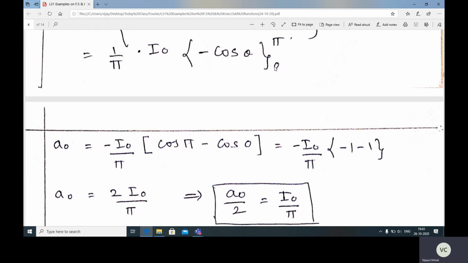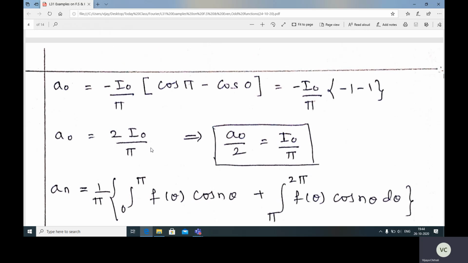Cos pi is minus 1, and cos 0 is 1. So minus I naught divided by pi times minus 2, and this minus 2 and this minus will be plus. So we get 2 I naught divided by pi. This is our a naught, but we need a naught by 2. So a naught by 2 is equal to I naught divided by pi.